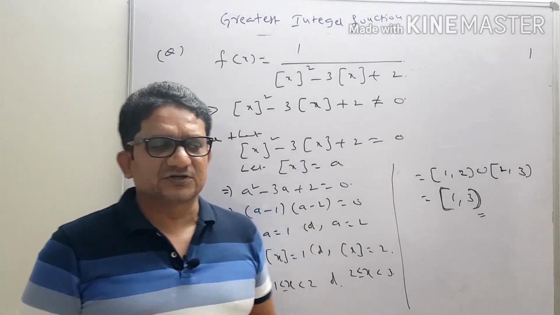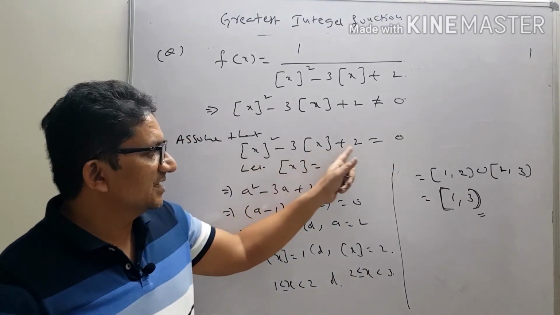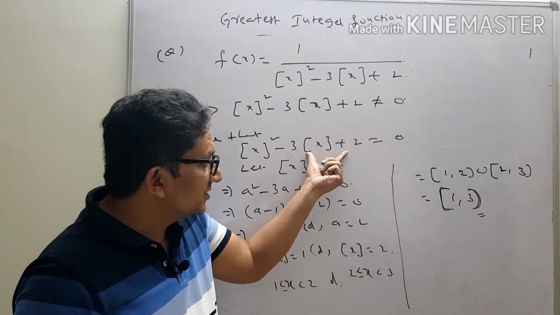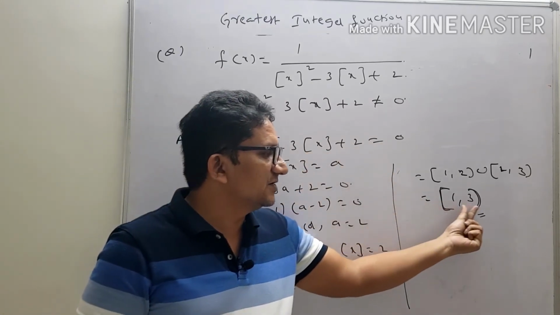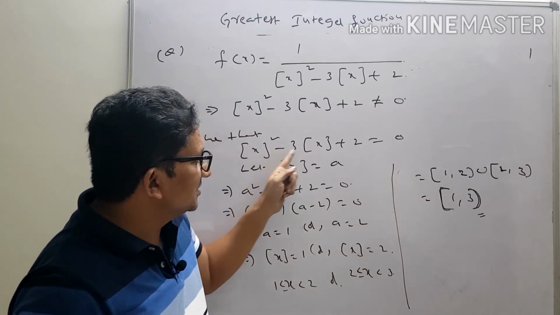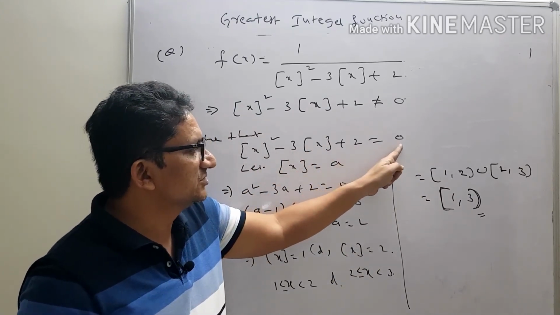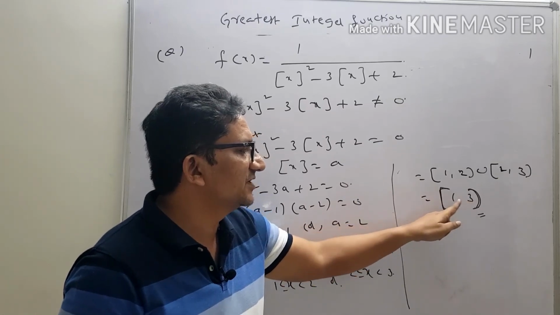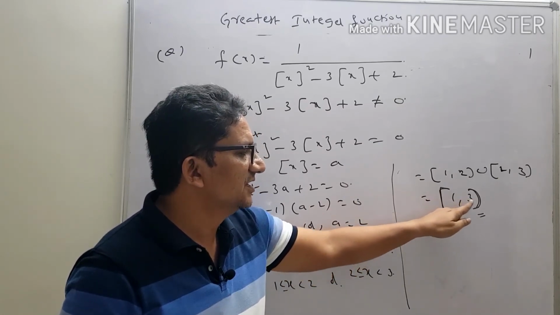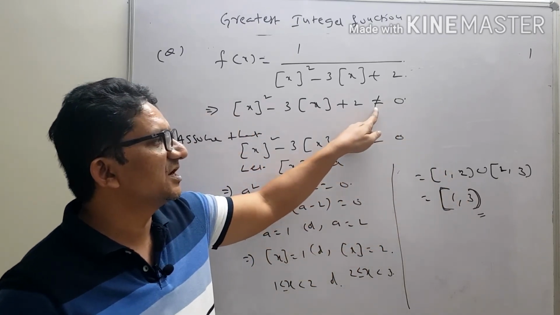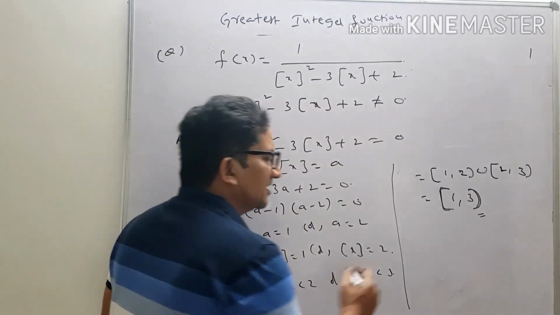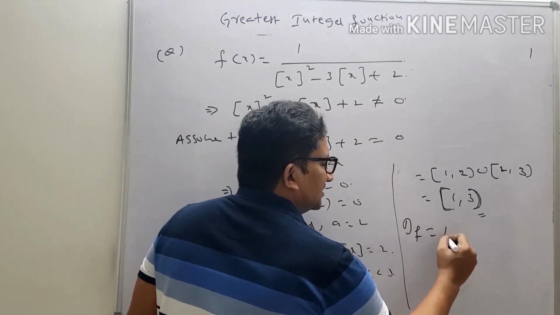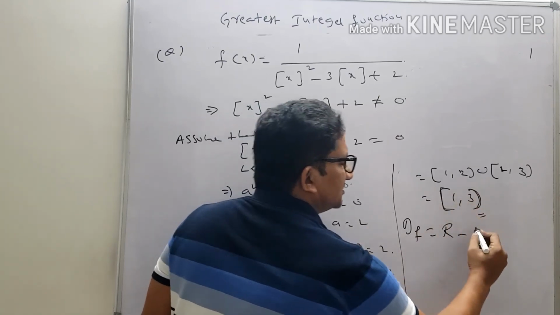Now students, observe carefully. While taking equals to 0, we got 1 comma 3. That means the expression equals 0 when x lies in between 1 and 3, but we want the situation for not equal to 0, so we will write the domain as set of real numbers minus this bracket.